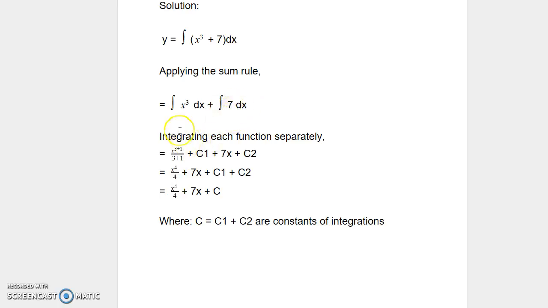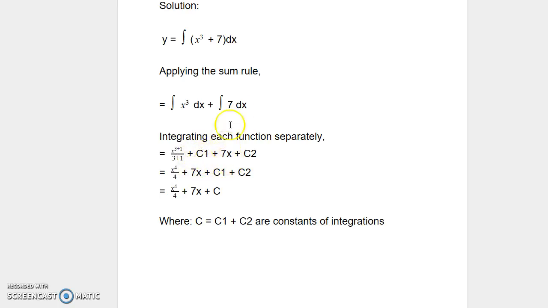So integral x cubed dx, when we use the power rule, simplifies as shown here: x to the power of 3 plus 1, the whole thing divided by 3 plus 1, plus c1. For this integral, we need to add a constant at the end of the solution, so that's this c1.